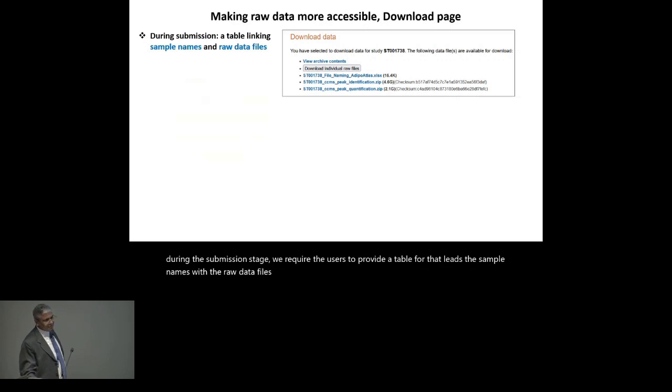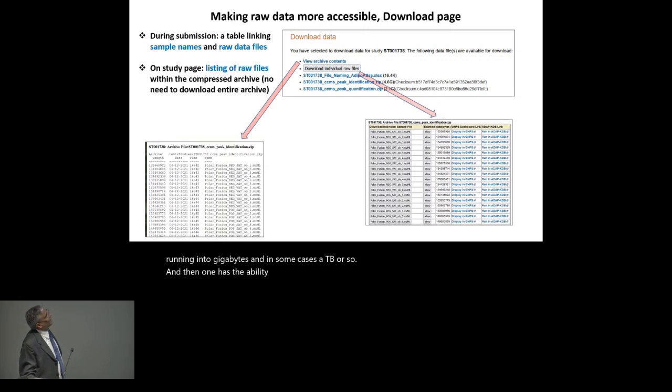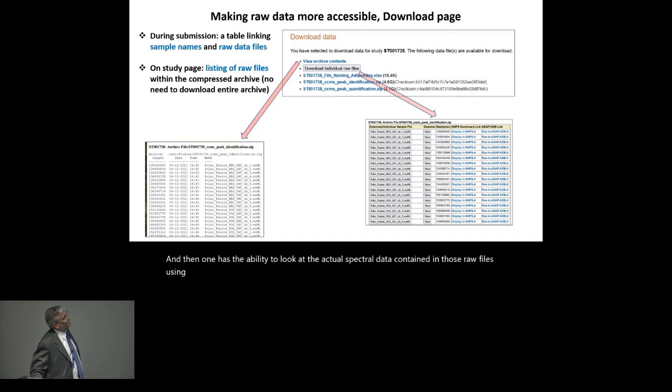And then on the actual study details page, we provide the option to look at the details of different raw files without actually having to download the entire archive, because that could be a really large file running into gigabytes and in some cases a terabyte or so. And then one has the ability to look at the actual spectral data contained in those raw files using GNPS dashboard, or in some cases the ADAP-KDB pipeline.